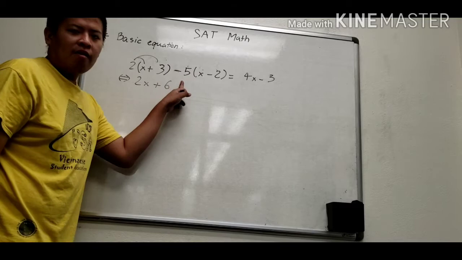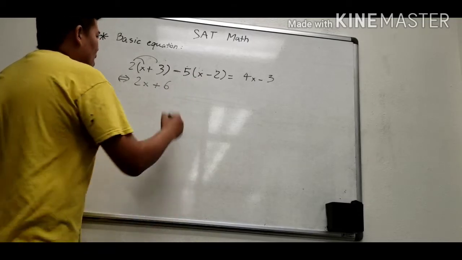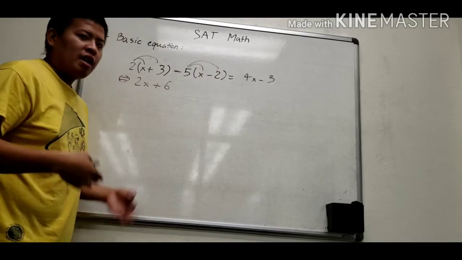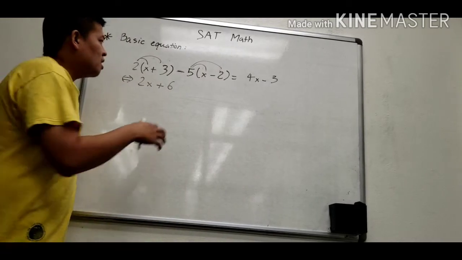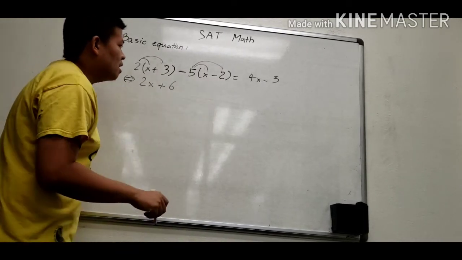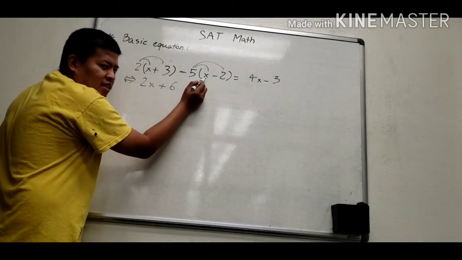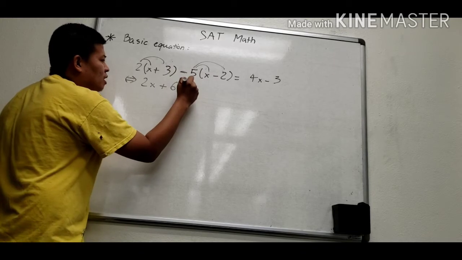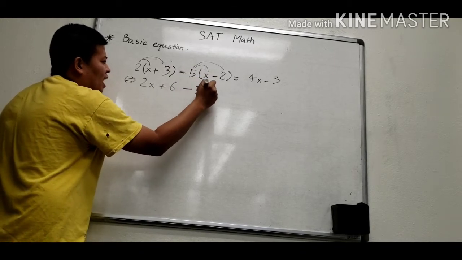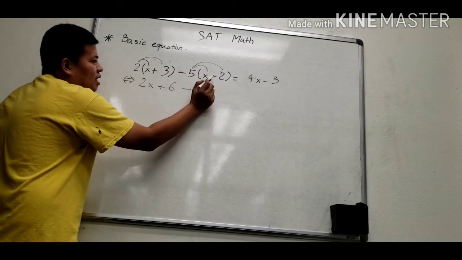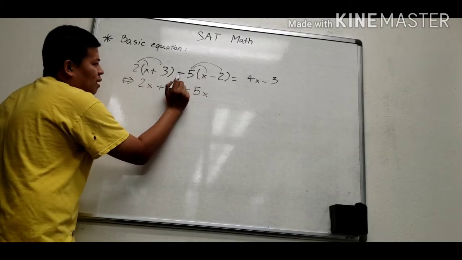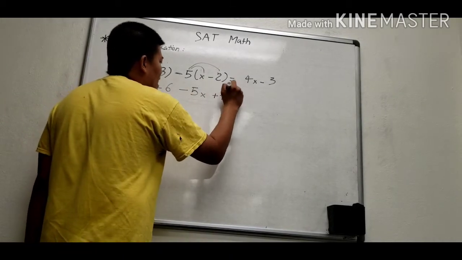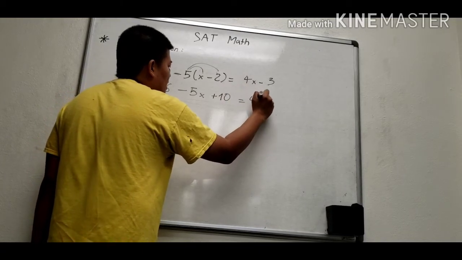And here we have the minus 5. When we have the minus 5, when we put together, they will change the sign inside the brackets. For example, we have s, this is a positive number, but we have the minus 5, then we change to the minus 5s. In here, the minus multiplied with the minus will become the positive number. This is 10s equal to 4s minus 3.